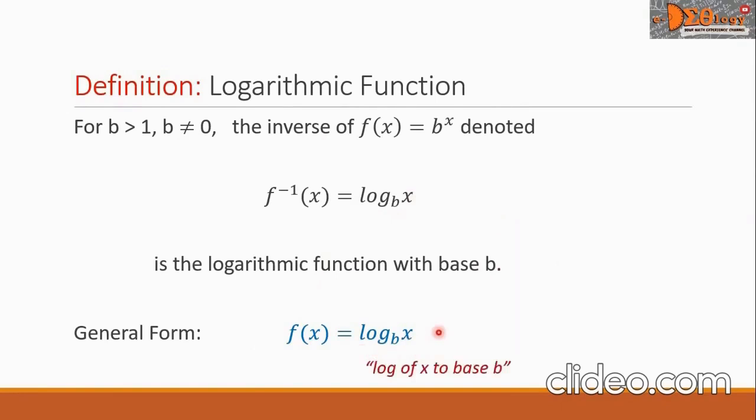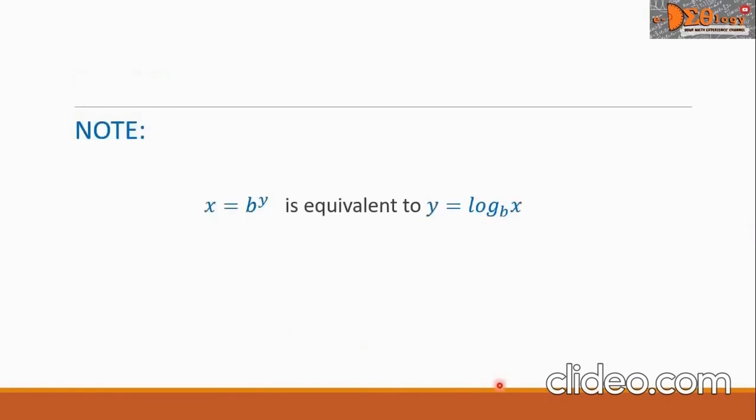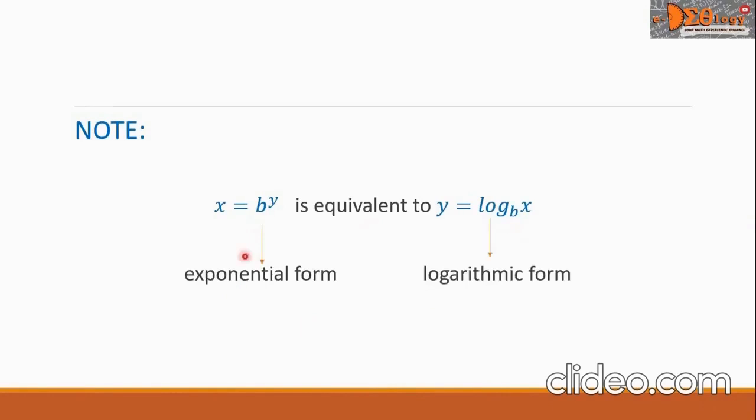We read this notation as log of x to base b. Please note that x equals b raised to y is equivalent to y equals log of x to base b. This is the exponential form, and this is the logarithmic form. As an example, if we have 3 squared equals 9, this is equivalent to log of 9 to base 3 equals 2.